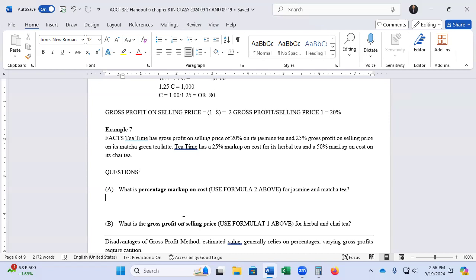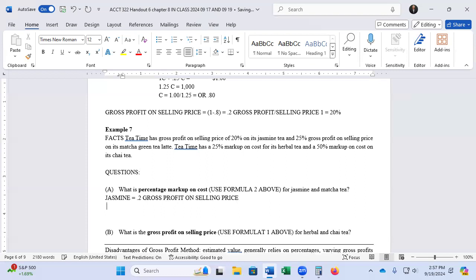Okay, so let's take a look at this. What is our percentage markup on cost for jasmine and matcha tea? We have a gross profit on the selling price of 20 cents. So for jasmine, this equals 0.2, which is the gross profit on selling price, and we want to find the cost.